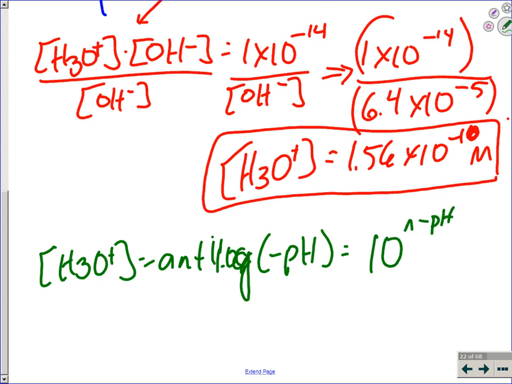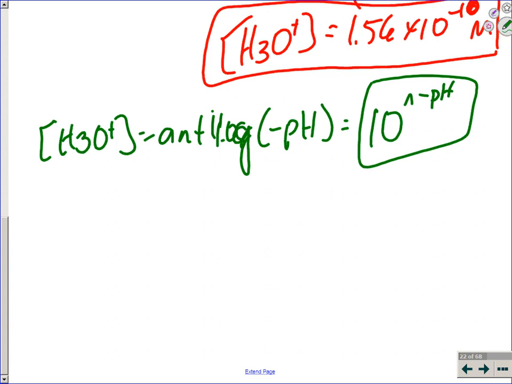If you need to write that down instead of anti-log, some calculators do have anti-log functions, others do not. This is generally what I put in my calculator when I'm solving for hydronium. So put in your calculator 10 caret negative, what was pH? 9.81.